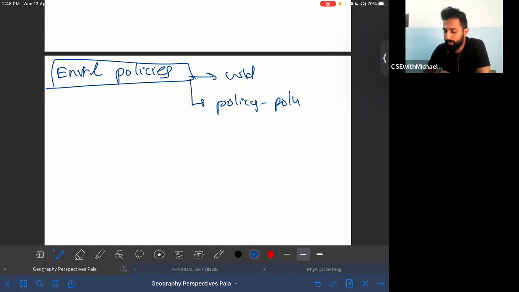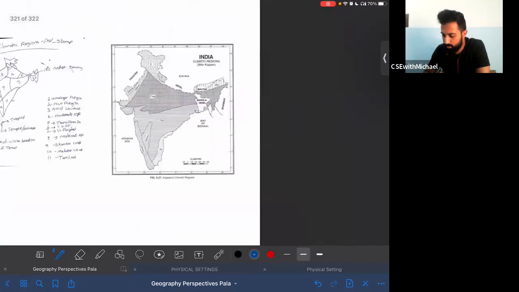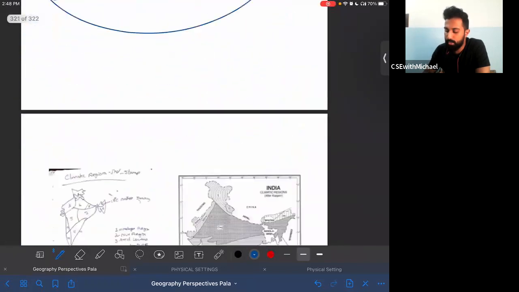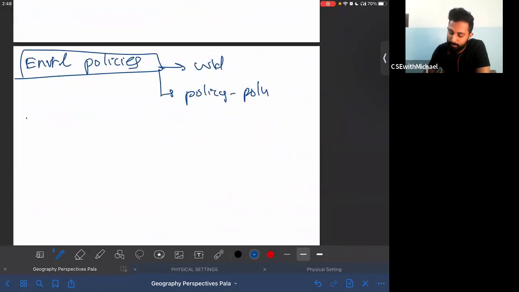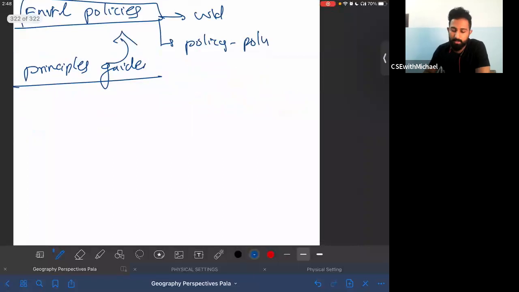Right. Now, we have understood the need for environment management. Now we have to understand what are the principles that guide environmental policies. That's the next thing to understand. There are about 6 principles which play a critical role in formulation of policies.